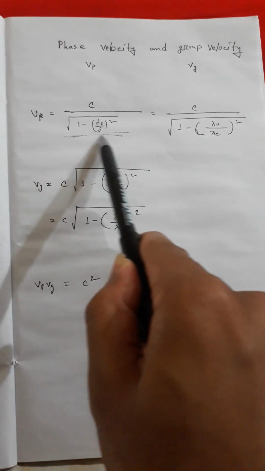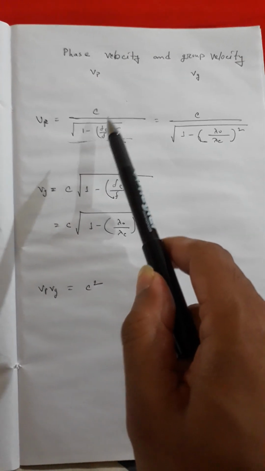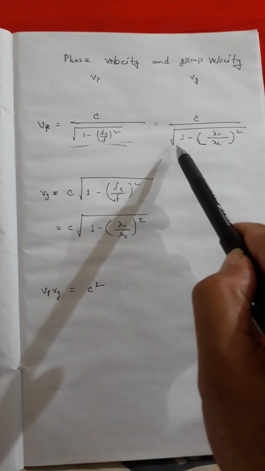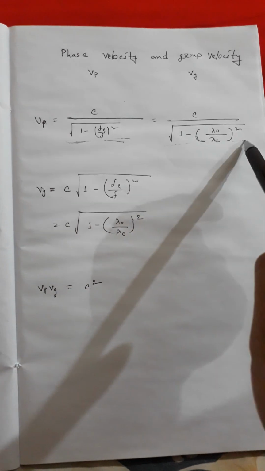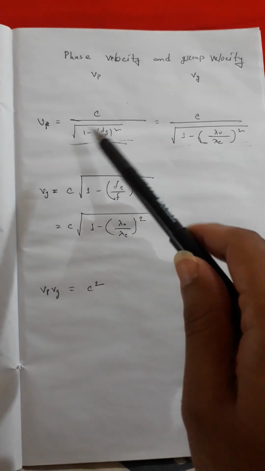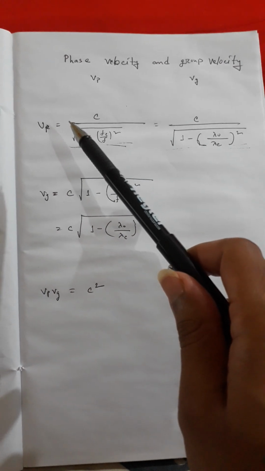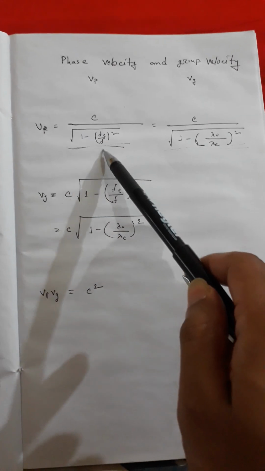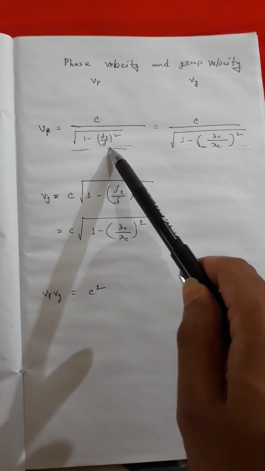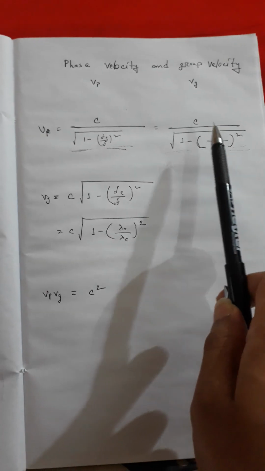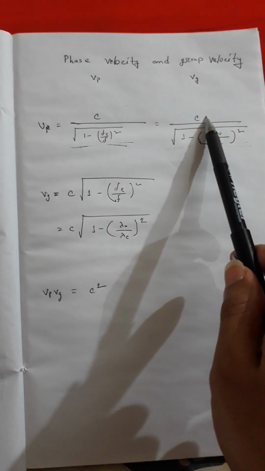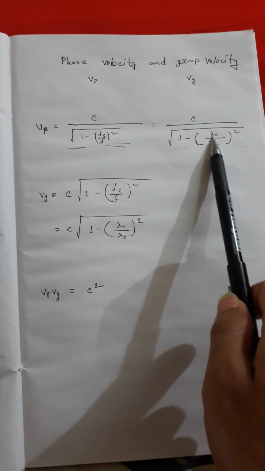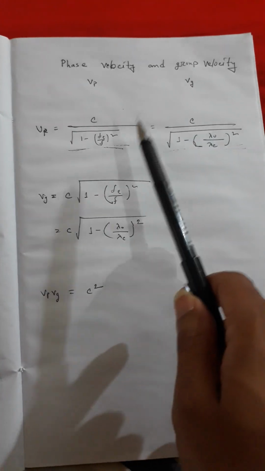We have written it with respect to the frequency, but we can also write it with respect to the wavelength. If we convert the phase velocity from frequency to wavelength, we write c divided by the square root of 1 minus (lambda naught divided by lambda c) whole square.